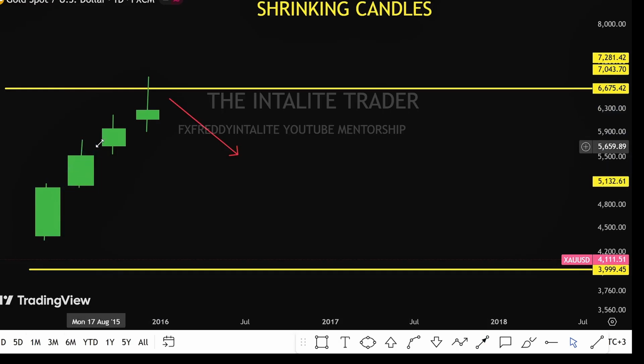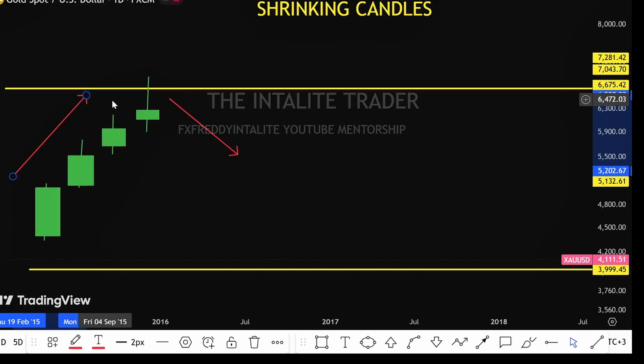Because as price is approaching a key level, you see it is losing steam. Buyers are getting out of the market as price approaches this level. This is what we call shrinking candles in an uptrend. So this acts as an early signal of a possible trend change.